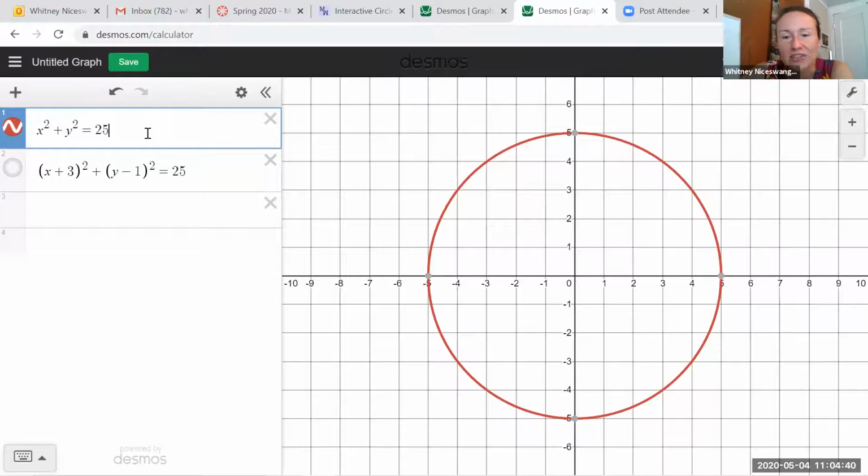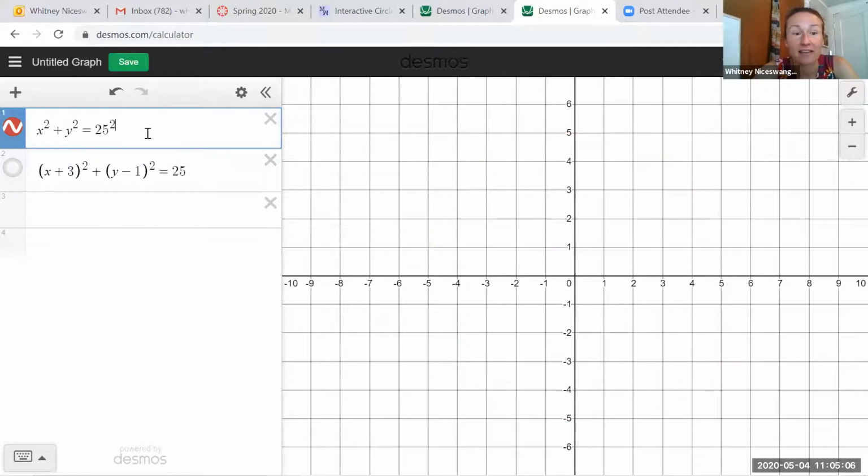So there, h and k are the center. h and k are both 0. Now our radius, what's our radius? It's 5. So you see here, it looks like 25, but remember, it's the x term squared plus the y term squared equals the radius squared. So our radius isn't 25, our radius is actually 5.